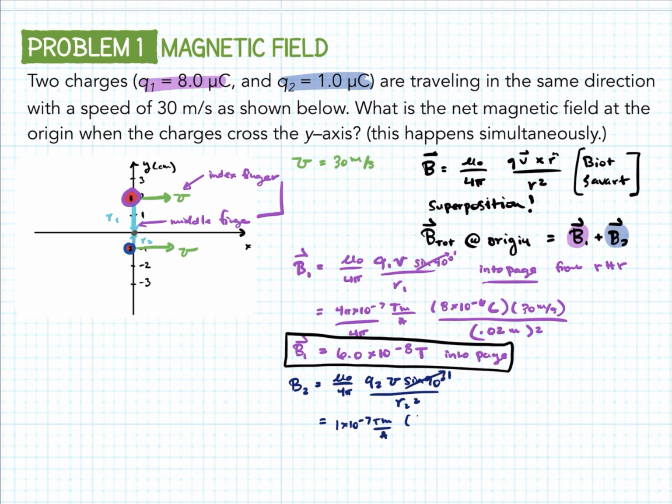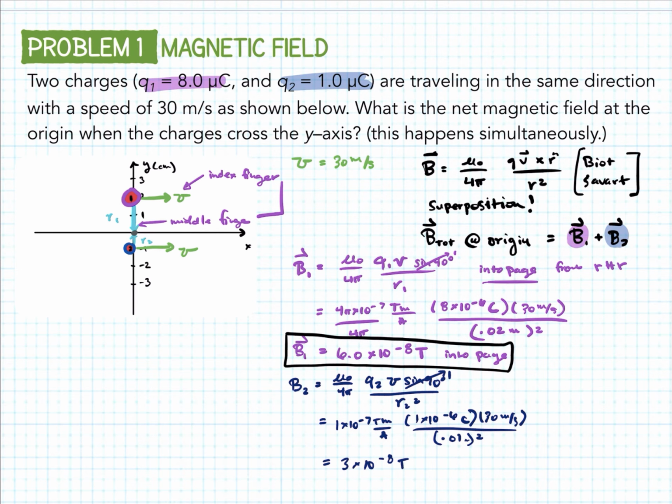That's going to be 1 times 10 to the negative 6 coulombs, 30 meters per second, divided by 0.01 meters squared. So we plug all that in, and we end up with 3 times 10 to the negative 8th Tesla.